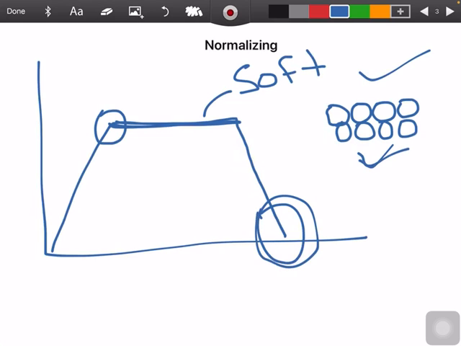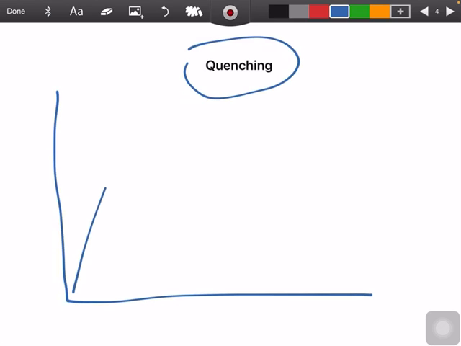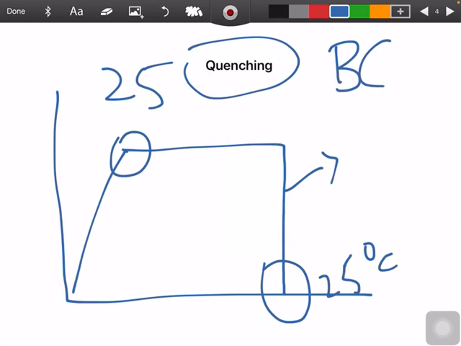The second thing is quenching. What actually quenching is, in which we heat the material up to a certain temperature, we hold it, we process it, and then we quench it in water or some liquid to room temperature, 25 degrees centigrade. This is a very sharp cooling, so that's why it is called quenching. And the structure formed is BCT, body centered tetragonal structure.